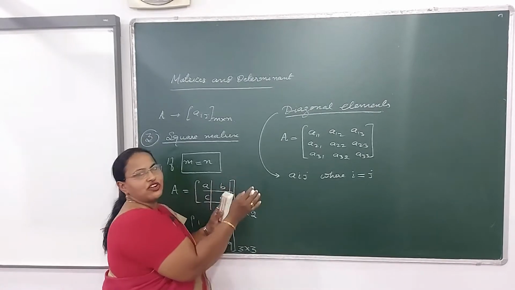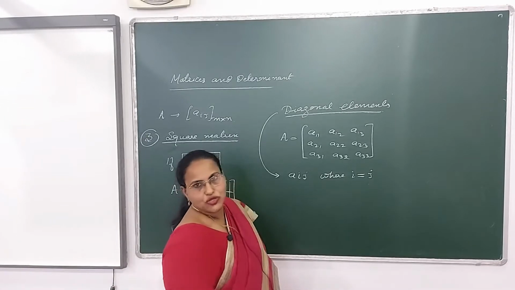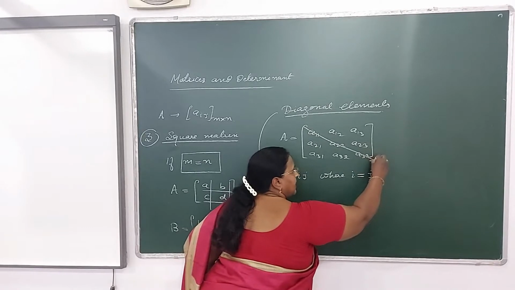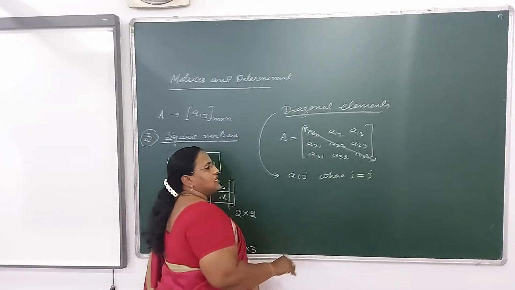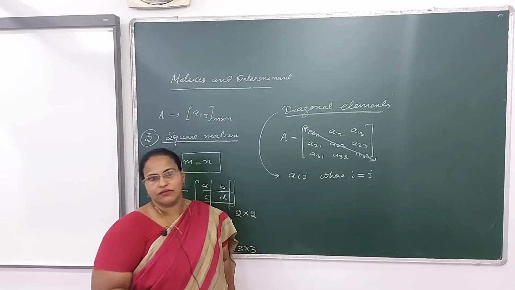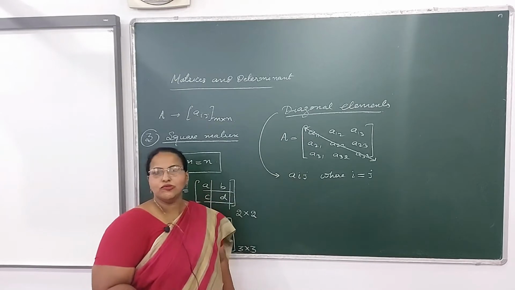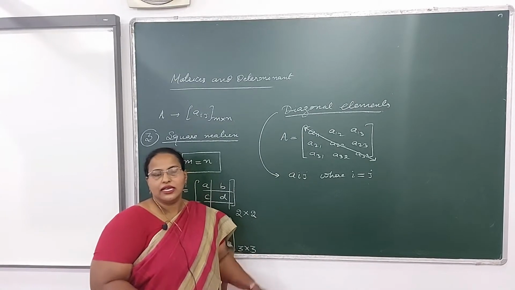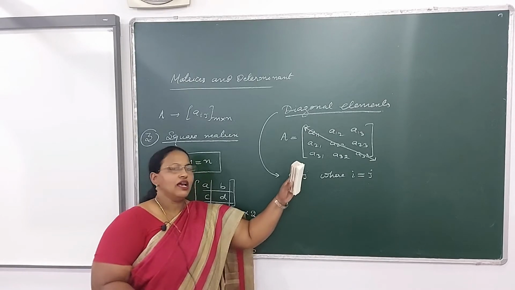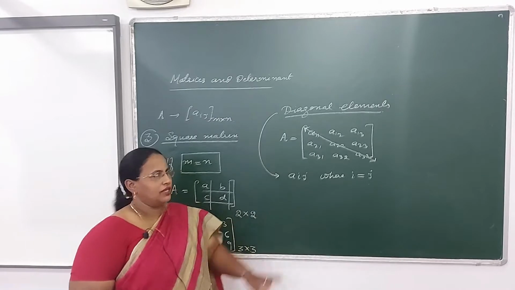This is the rough structure of a matrix of order 3. So i equals j. Now these are the diagonal elements which obey the condition i equals j. I hope this is clear to everyone. So diagonal elements, in a square matrix, are the elements aij where the value of i is equal to the value of j.